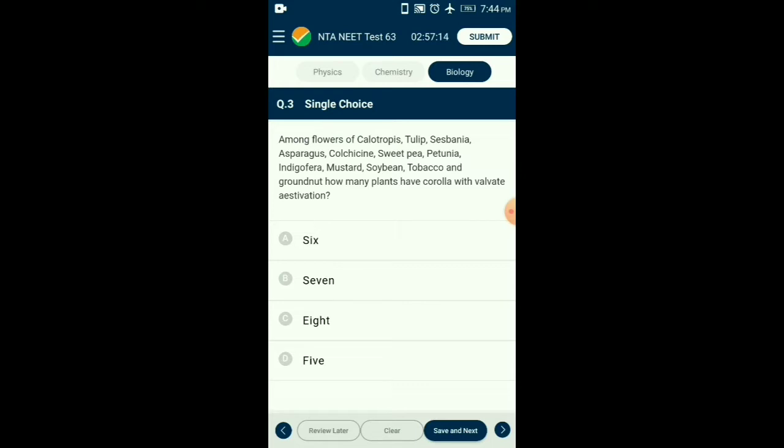Thus, calotropis, tulip, asparagus, colchicine, petunia, mustard and tobacco have valvate aestivation in corolla, but in Liliaceae, tepals have valvate aestivation. So the answer is option B, 7 flowers.